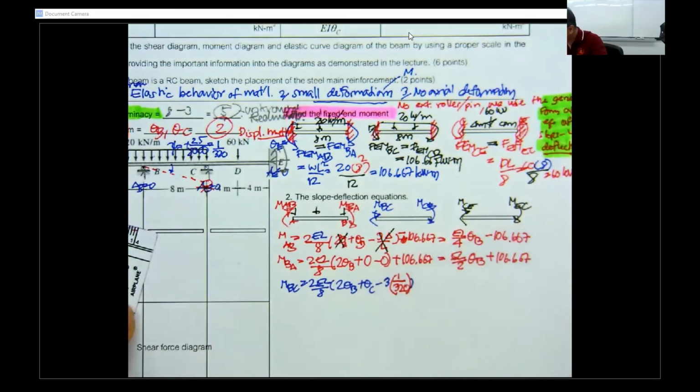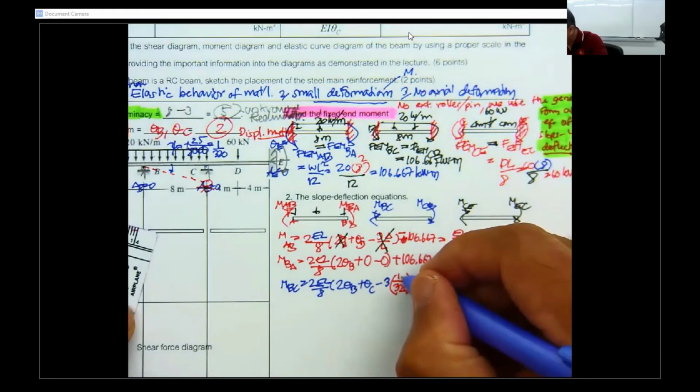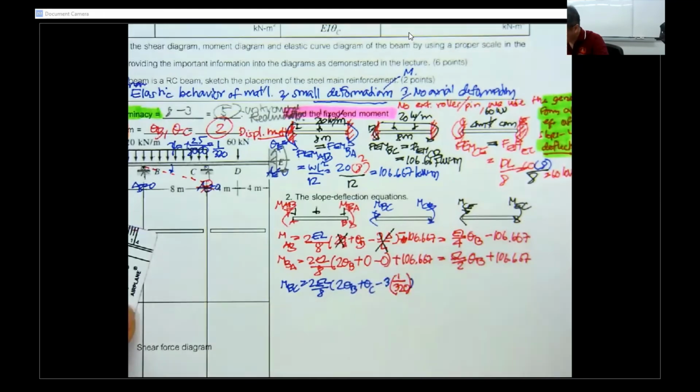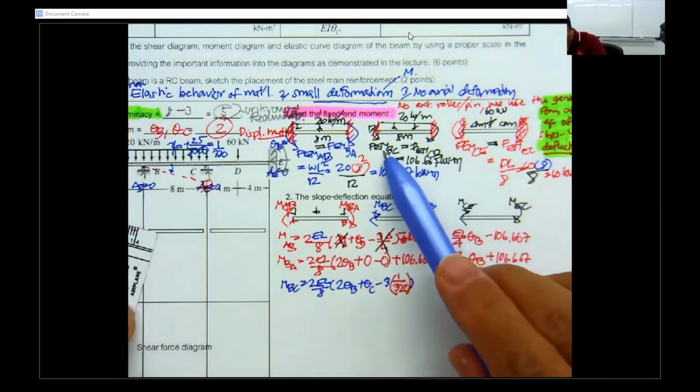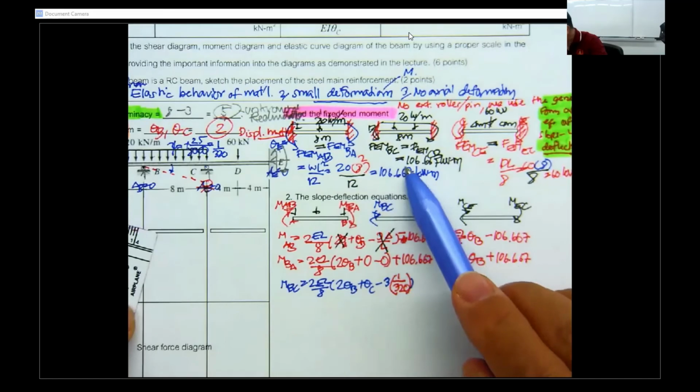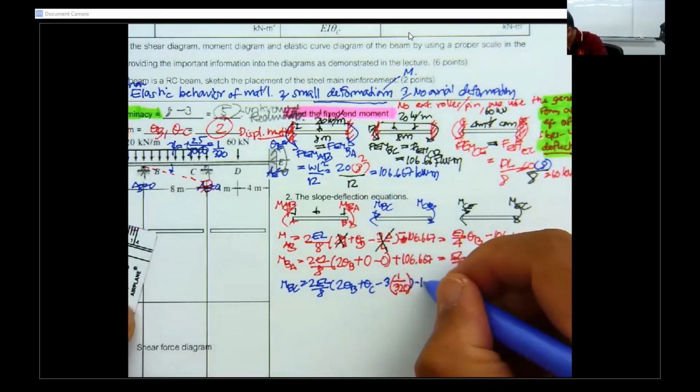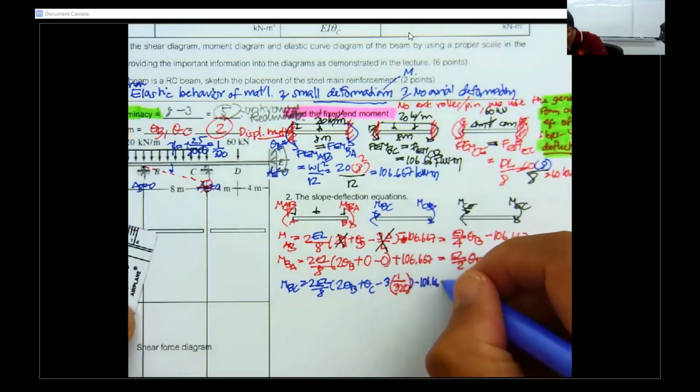And don't forget, that's going to be times the delta over L, right? So then you compute. This is delta over L. It's going to have EI. Okay, later we will. So this is going to be counterclockwise, minus 106.667.